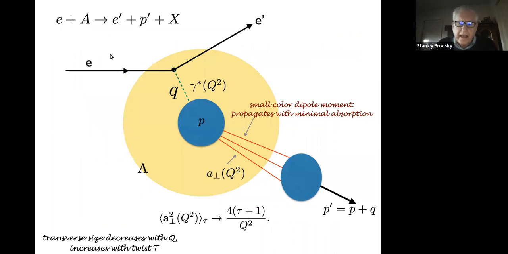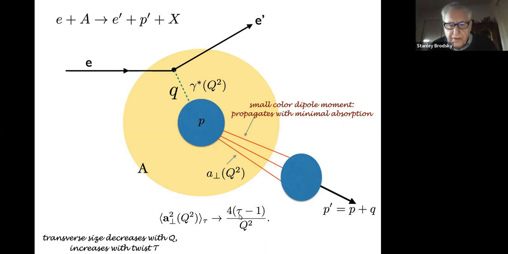The electron scatters, and the yellow represents the field of the nucleus. It hits one of the nucleons, the protons say, and knocks it out. The transverse size between, say, the three quarks, so this is the valence quark distribution, goes like 1/q squared. A perp squared goes like 1/q squared. I'll show you how this works in just a minute.